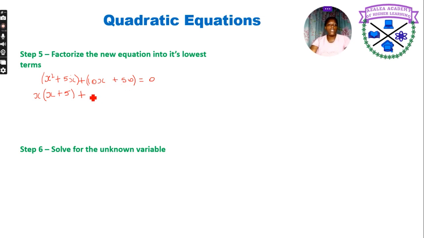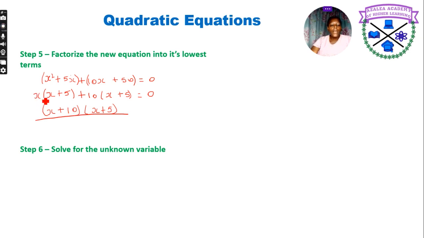So 10x plus 50, so we're going to put 10 here. We're going to have x plus 5 is equal to 0. Factorize this further, where this is the same as saying x plus 10 multiplied by x plus 5. This is the point you want to reach to factorize.